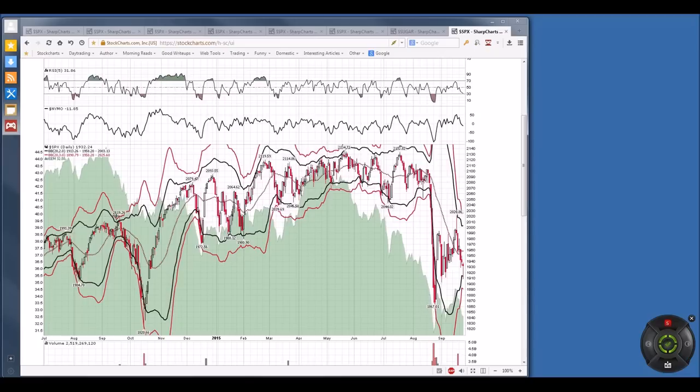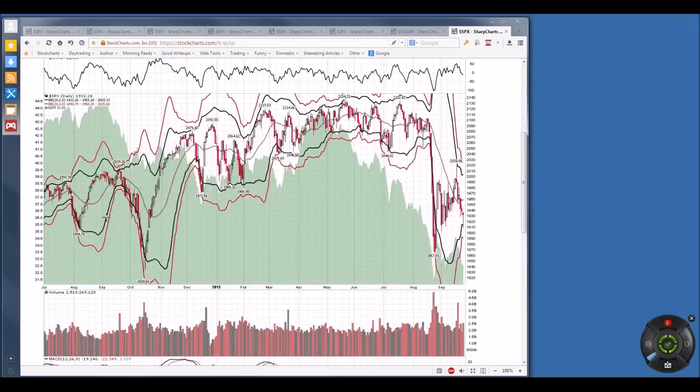On the buy side, if you manage to hit the 3SD band, it's an instant sell. You can see there, come in, hit it, sell it.